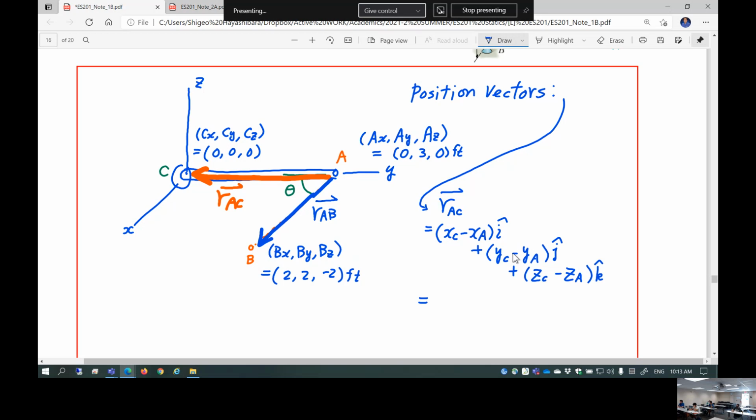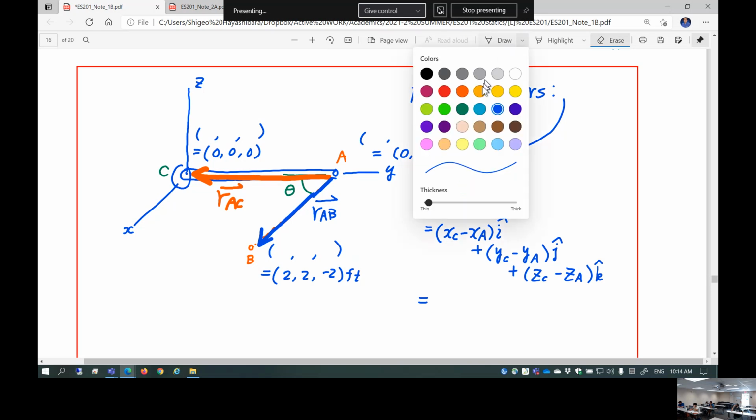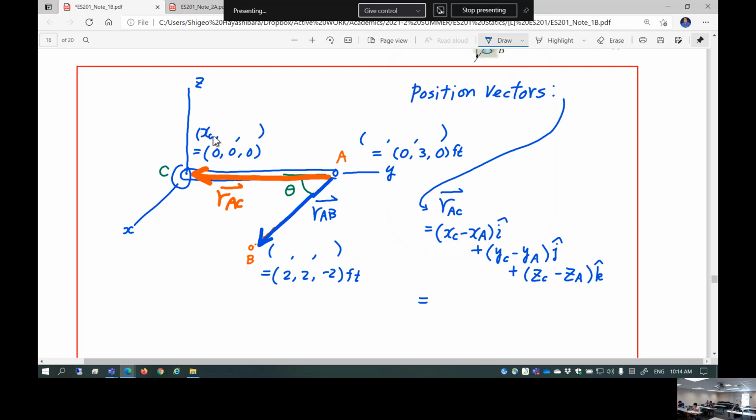Sorry, let me redefine once again. This is XC, YC, ZC: X of C, Y of C, Z of C. This is XA, YA, ZA: X of A, Y of A, Z of A. And this is XB, YB, ZB: X of B, Y of B, Z of B. That's the notation I would like us to use.